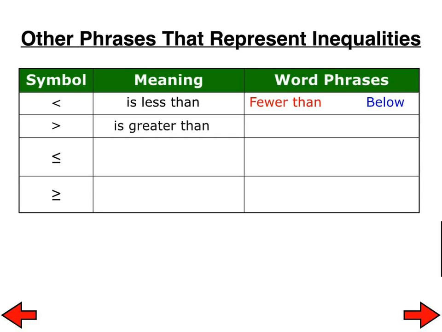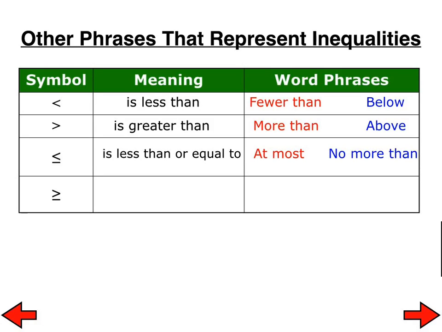Greater than has some other word phrases that represent the same thing. More than, or above. Other word phrases for is less than or equal to might be at most, or no more than.